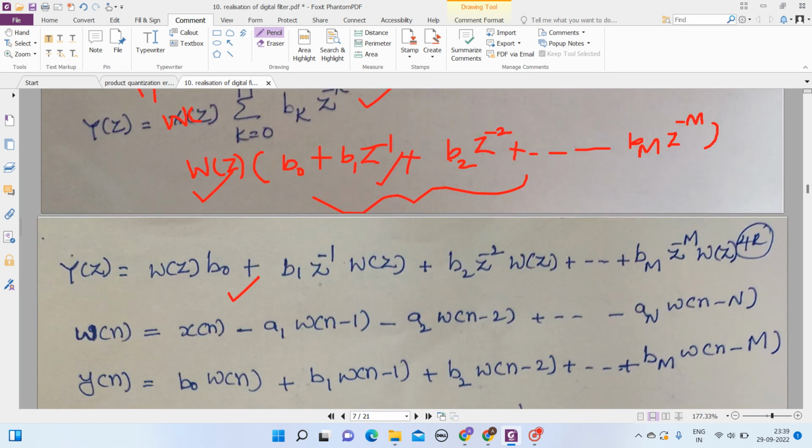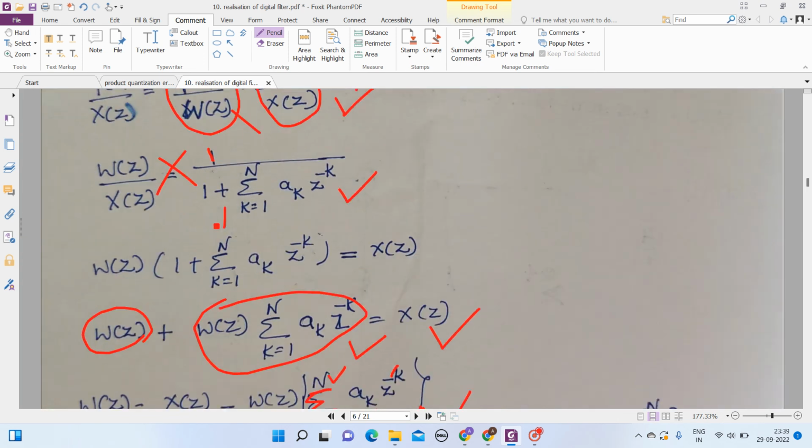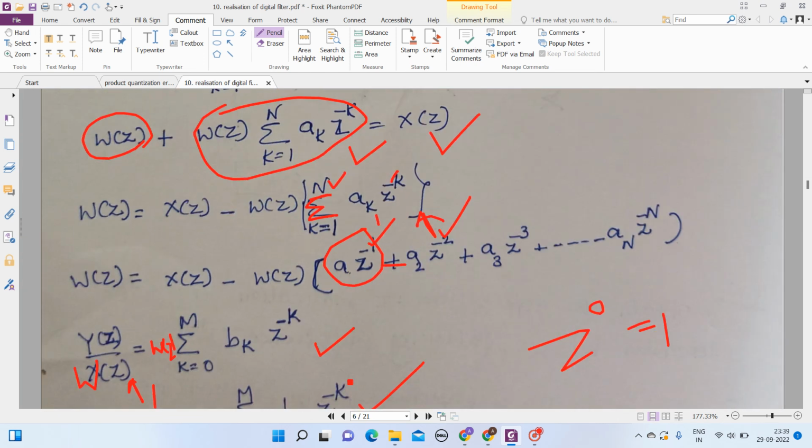Afterwards, you have to convert the z transform equation to a discrete time equation. That's all. This is the second equation. Our first equation is this one. If we convert time domain to z domain, this is the equation.